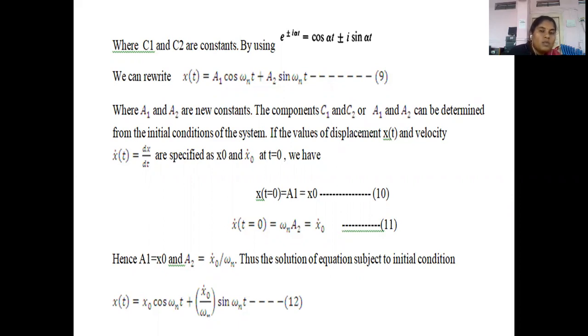If the values of displacement x of t and velocity x dot of t, which is equal to dx by dt, are specified as x0 and x dot 0 where t is equal to 0.